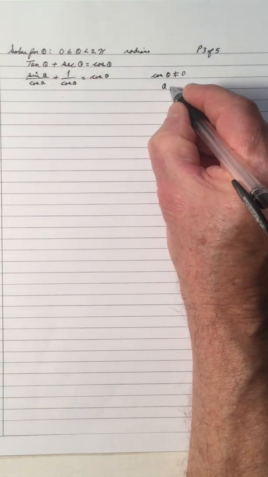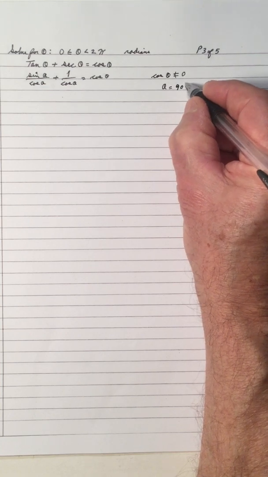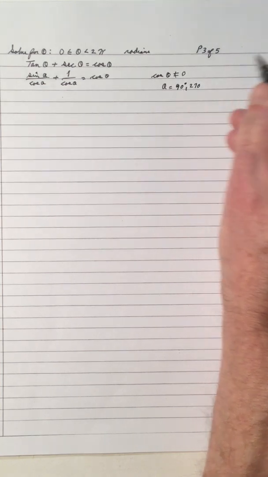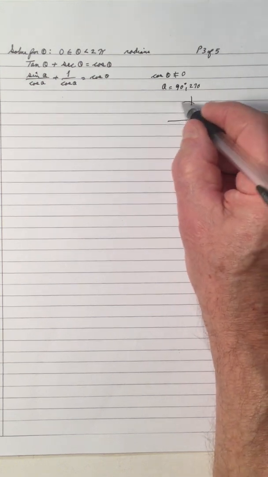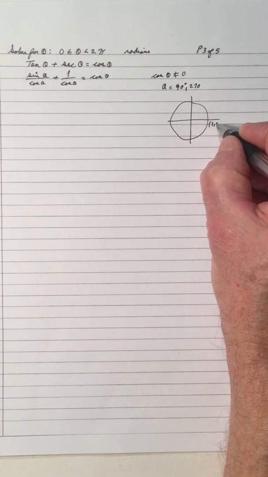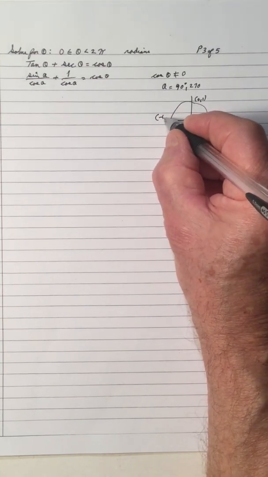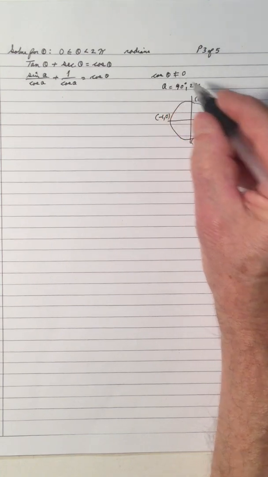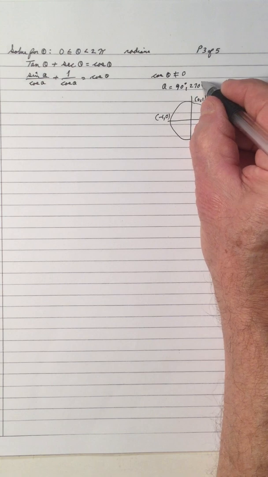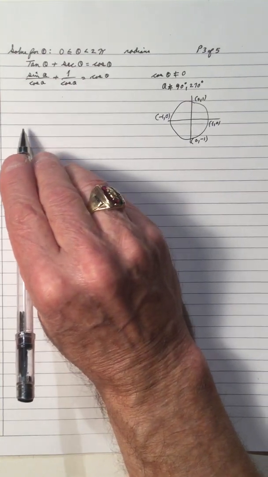So cos is 0 at 90 and 270. Again, if you think about the circle, it's extremely important to have this at your disposal. Cos is the x, which is 0 at 90 and 270.